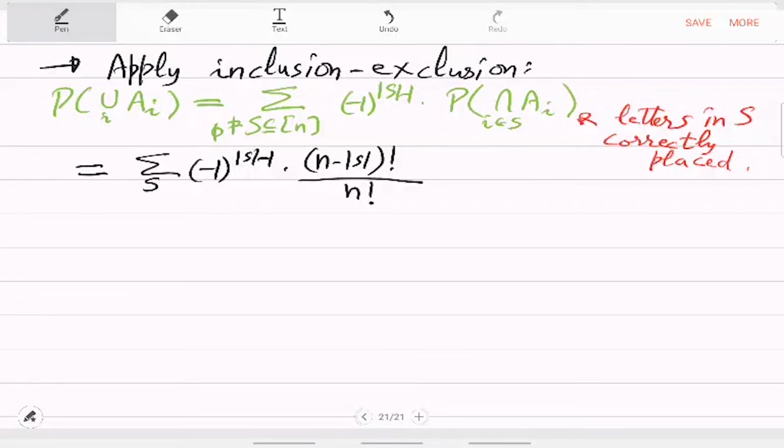The reason for this is that the rest of the places in pi are free.